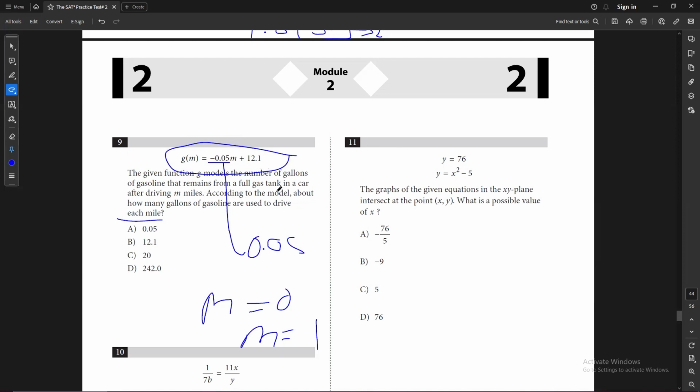According to the model, for each mile, we're actually losing 0.05 gallons of gasoline. So our answer choice has to be A, which is the slope of this function.